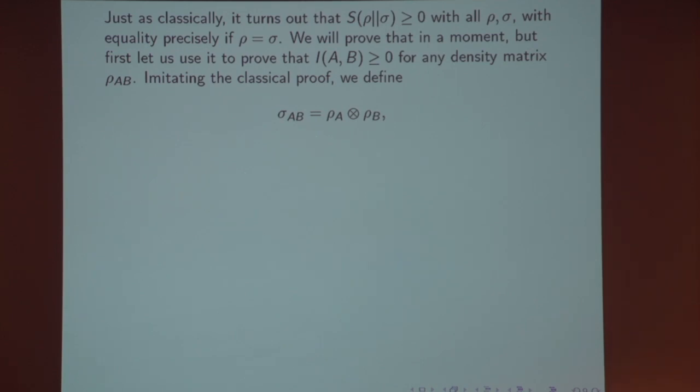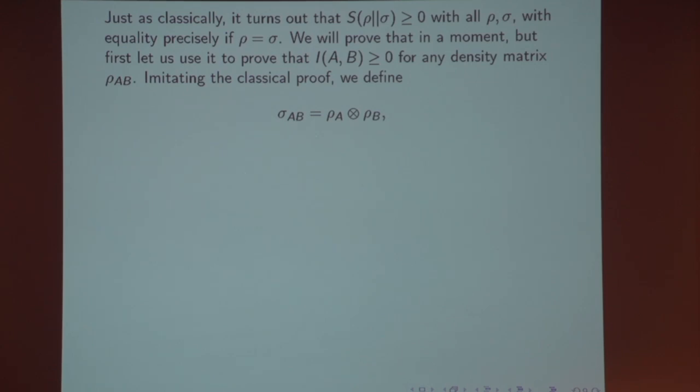And here the proof is exactly the same as it was classically, or it can be obtained by imitating the classical proof, just replacing probability distributions with density matrices. In the classical proof, remember, we started with a probability distribution, and we compared it to another one in which the two subsystems were uncorrelated. So the analog of that here, given rho AB, we suppress the correlations by replacing rho AB with rho A tensor rho B, which I'll call sigma AB.